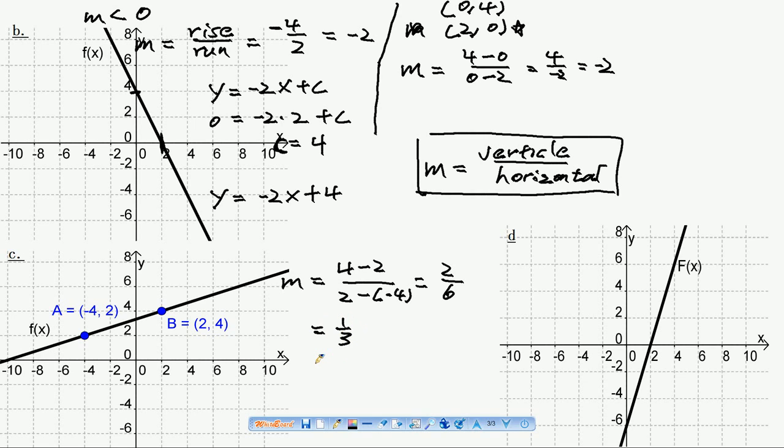And so the equation will be y equals x divided by 3 plus c. And we substitute any point in, say point B. When x is 2, y is 4. So 4 equals 2 divided by 3 plus c.